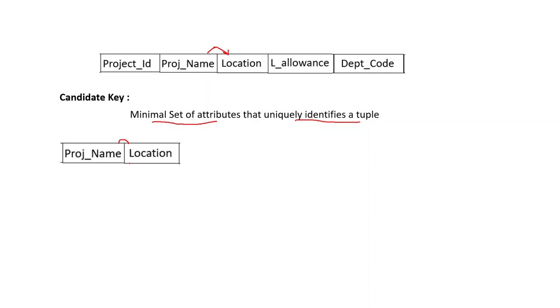Now, what if we remove this location attribute from here? Will that still be able to uniquely identify your tuple?